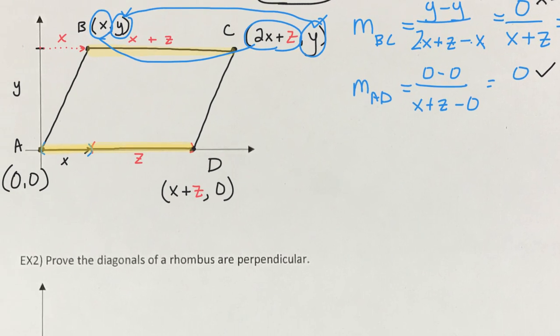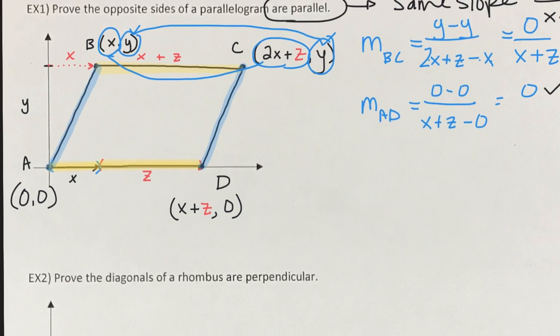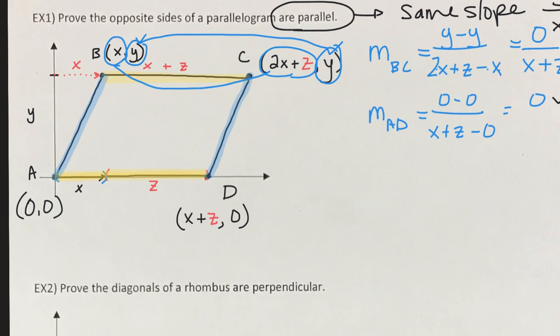So now let's tackle the non-horizontal lines. So side AB and side CD. Once again, we're trying to find slopes. Okay, remember we're finding slopes. So y minus y over x minus x. So what is the y-coordinate at point B?